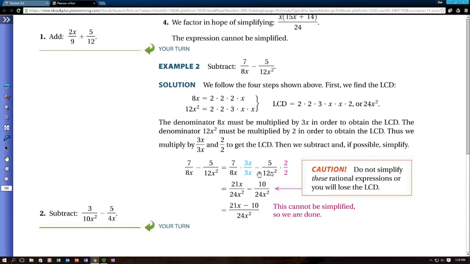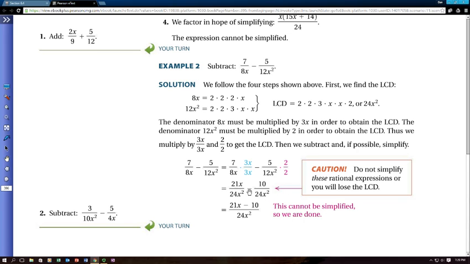You need to think about why am I doing this? The goal of going through all this LCD stuff and prime factorization is to make sure I got the same denominator so I can, in this case, subtract the numerators, right? That's the only way I can do subtraction or addition of fractions. These denominators need to be the same.